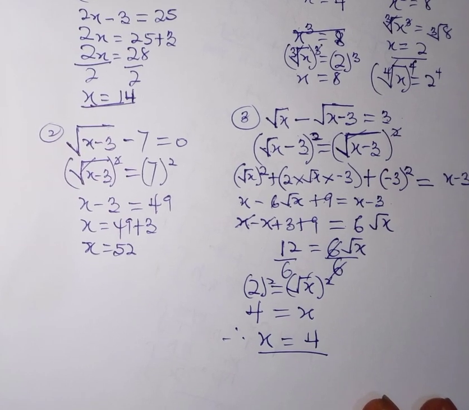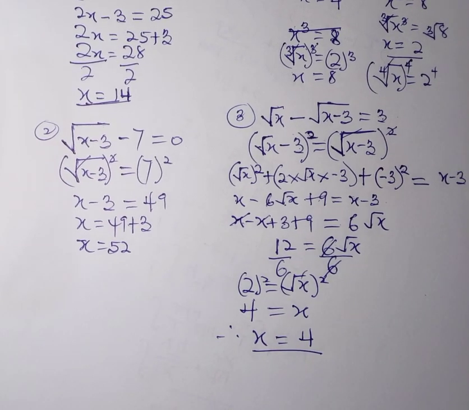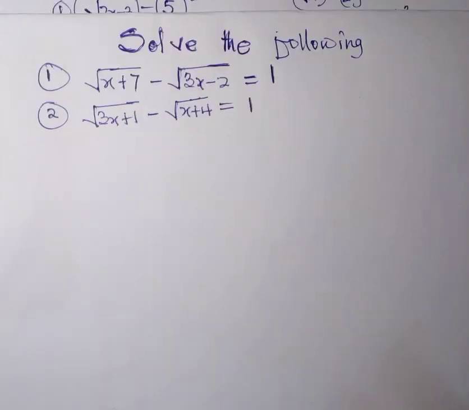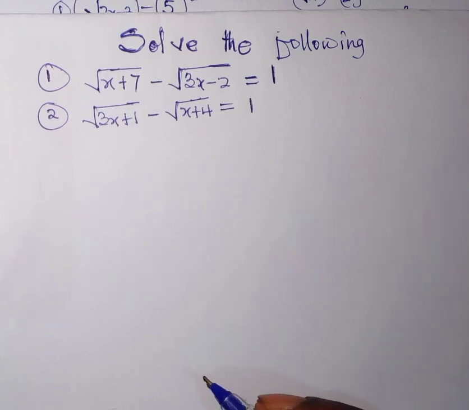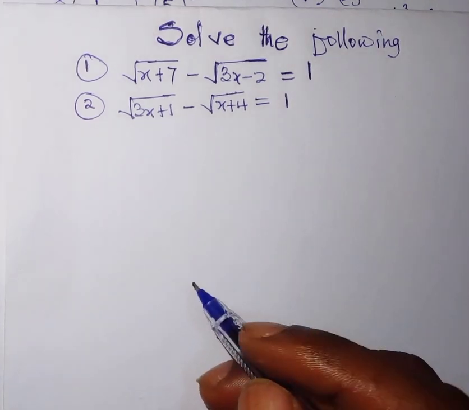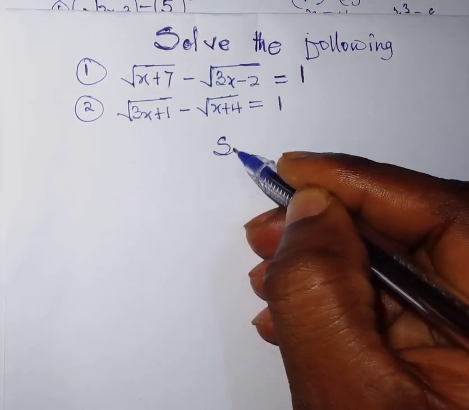Very simple, isn't it? All right, good. So that is how we solve radical equations. Now let's look at these 2 examples. Let's solve them as well. Good. So we are going to solve these 2 examples here. So the first one, let me begin with the solution.